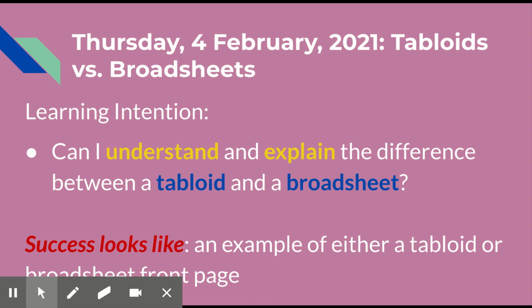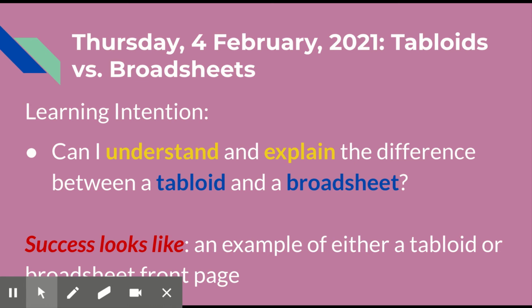Hopefully you've collected your English materials already. I don't have my slide up for you yet, but you've needed your homework journals and your copybooks already. Remember, open your copybooks to the next new page for English. Write down today's date, Thursday, February 4th. The topic is tabloids versus broadsheets.